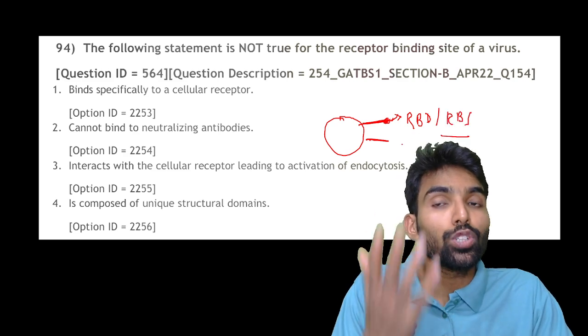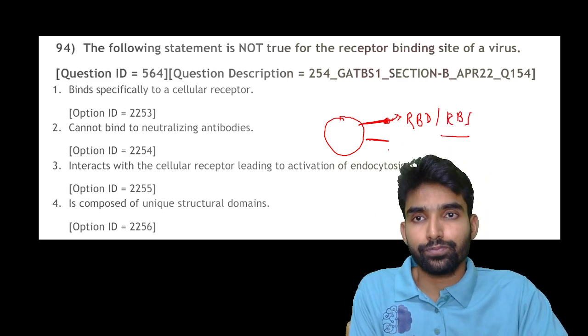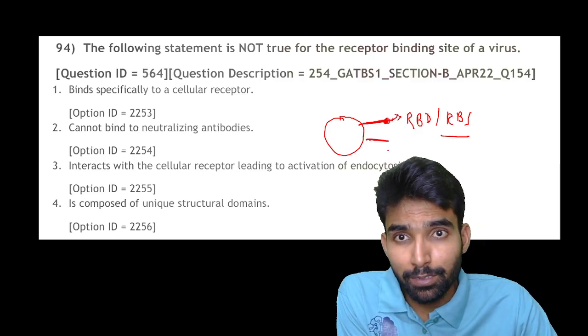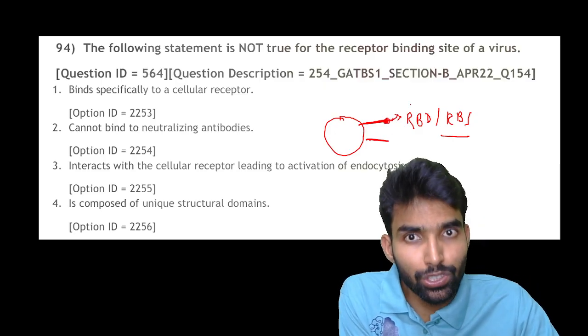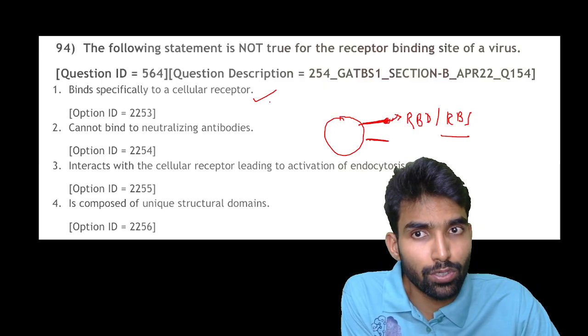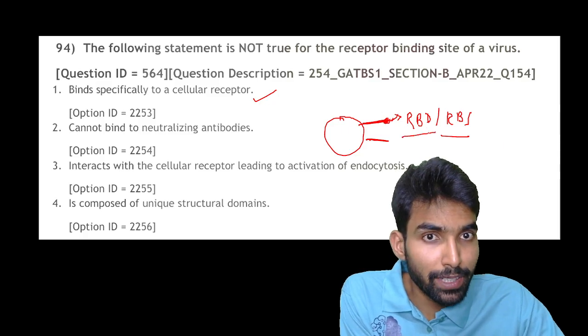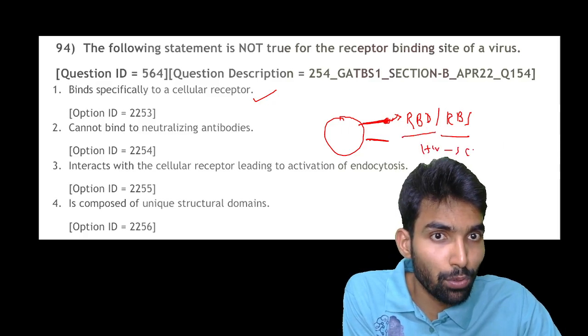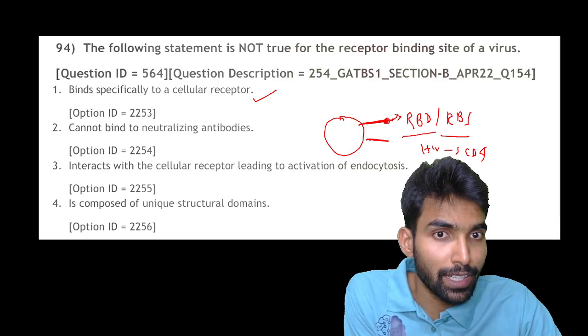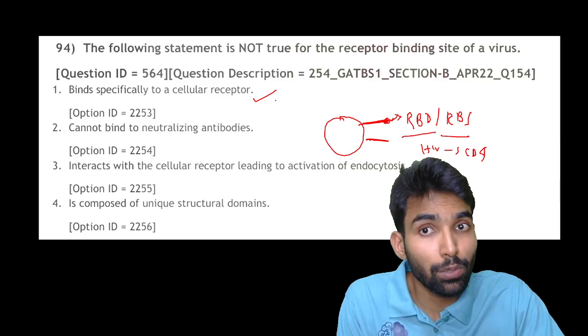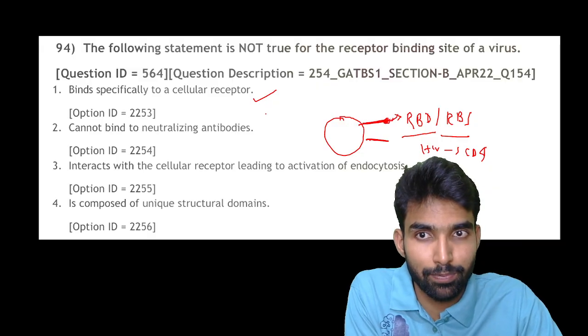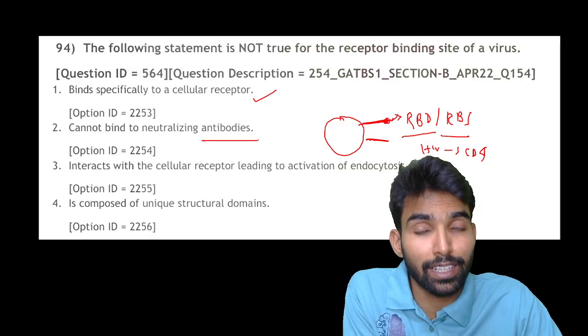It's asking which one is not true. First, binds specifically to a cellular receptor. Of course it's true, because you remember HIV has CD4, Epstein-Barr virus has some receptor, influenza has sialic acid, so of course they have some specific receptor. Cannot bind to neutralizing antibody.